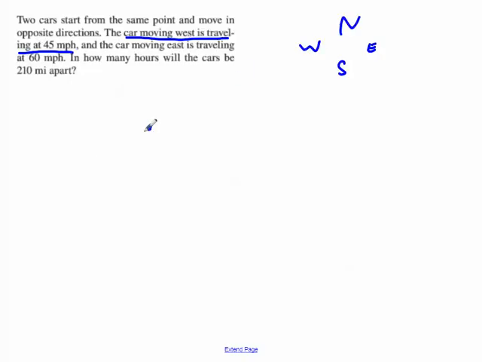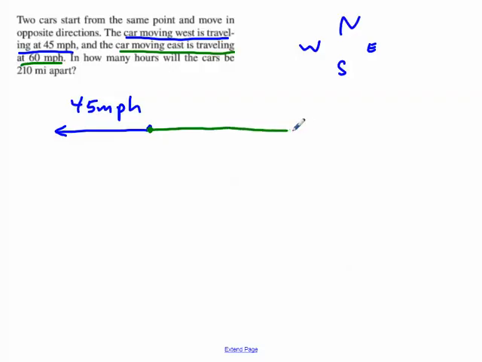I got a guy starting here, going this way, traveling at 45 miles per hour. I'm going to go here and say car moving east is traveling at 60 miles per hour. He's starting the same spot, he's traveling east, 60 miles per hour.